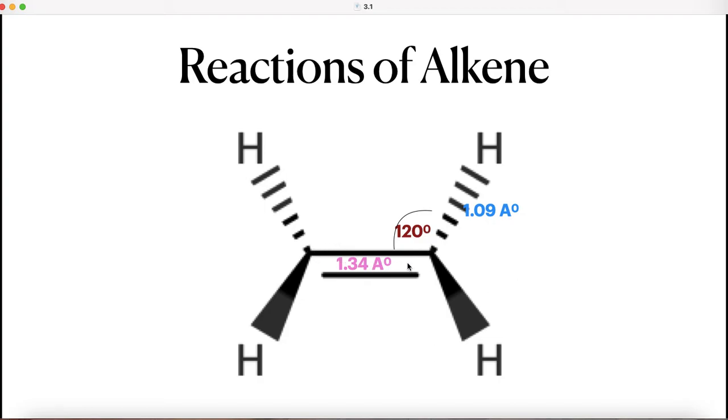These electrons are strongly held by the carbon atoms, whereas the pi bond is formed by the sharing of the 2 pi electrons. These 2 pi electrons are loosely held by the carbon atoms. The pi electrons are diffused and are readily available for electrophilic reagents.